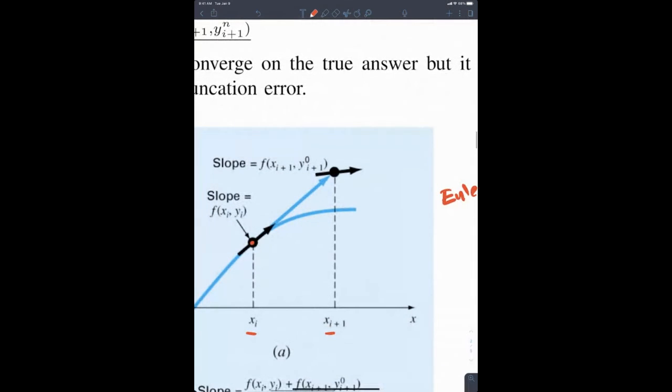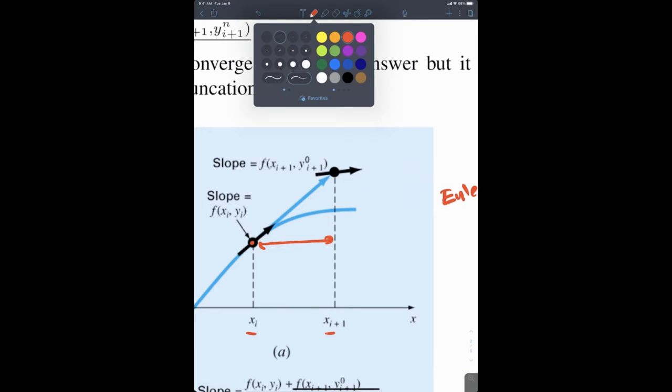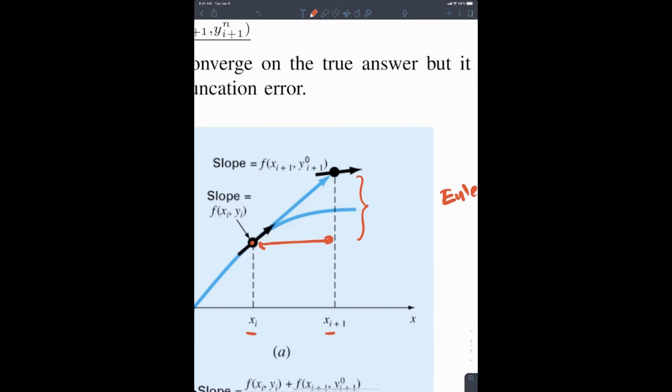Very intuitive. So this is h. So this is h times f(x, y). I did not put the labels. Okay, so this height is h times f(x i, y i). So whatever f(x i, y i) is, that is the height there.